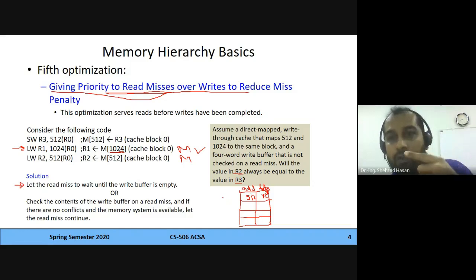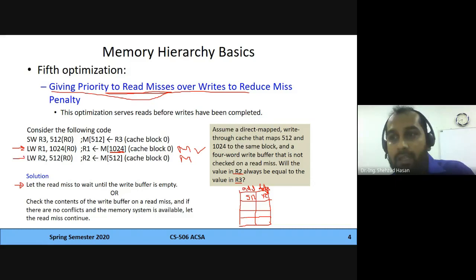You are going to fetch the missing part, the read misses, from the main memory, and you're giving priority to read misses over writes, because the first solution is actually giving writes priority over reads. It's saying do the write operations first and then go for the reads. But this solution says that if there is nothing in the write buffer, you can continue with your reads.